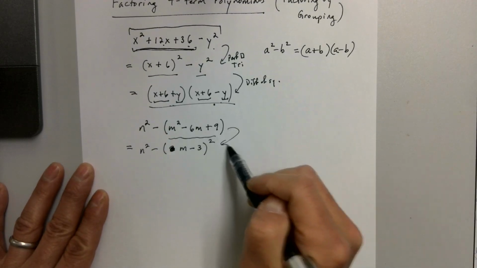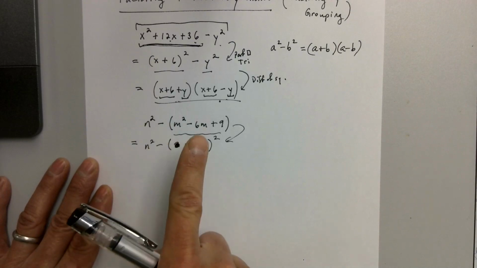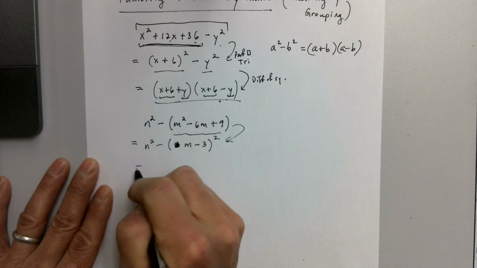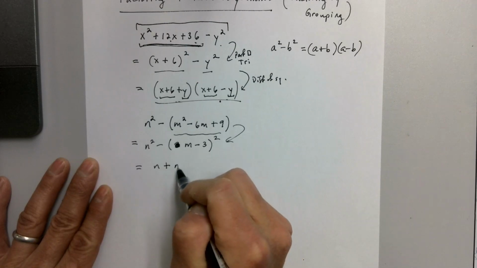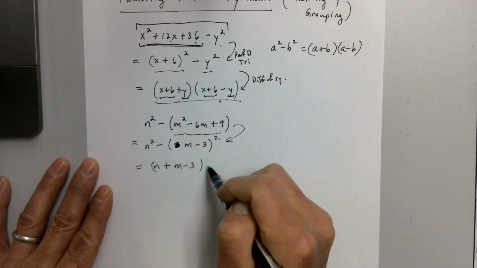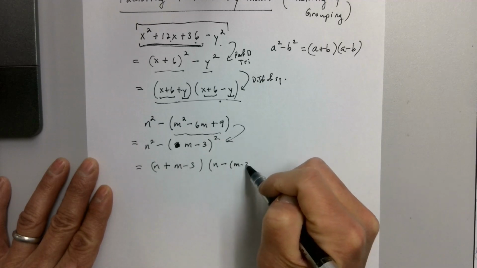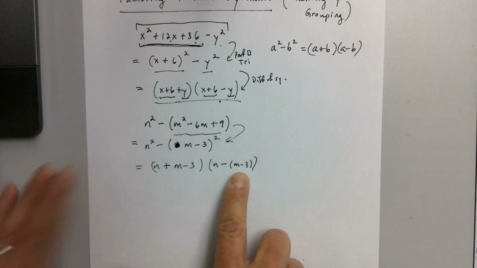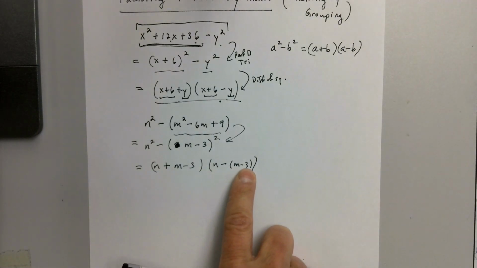So that's my perfect square trinomial step. Now I have something squared minus something squared, again, difference of squares: n plus m minus 3 and n minus m minus 3. And I have to put m minus 3 in parentheses here because I am subtracting from n all of m minus 3.